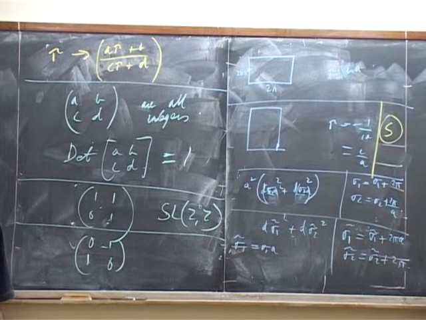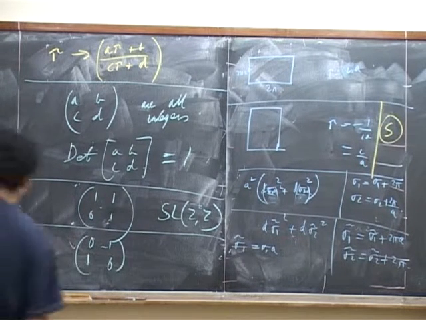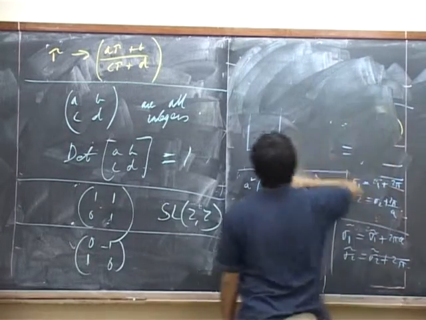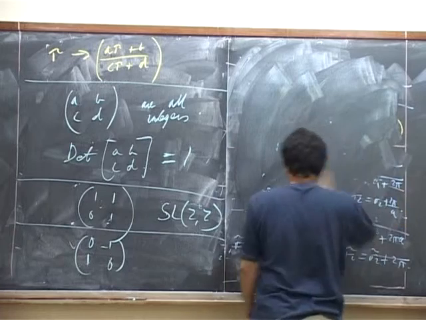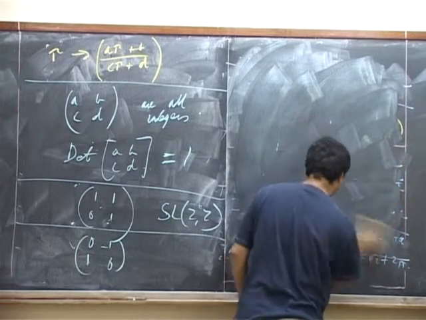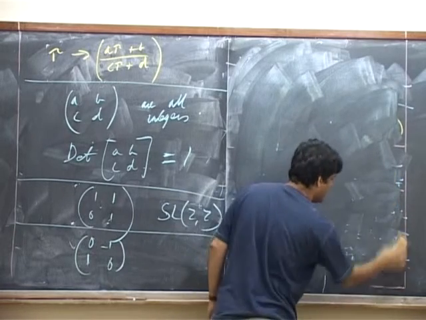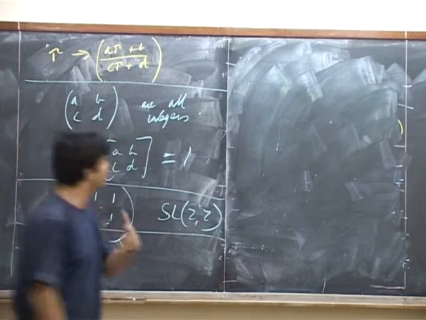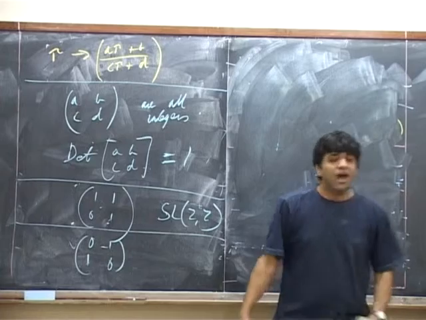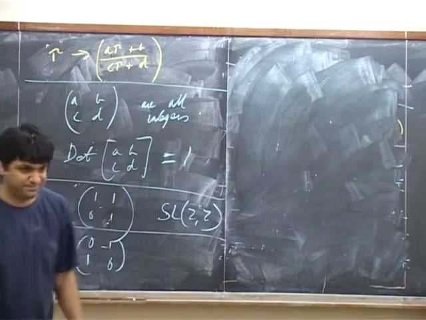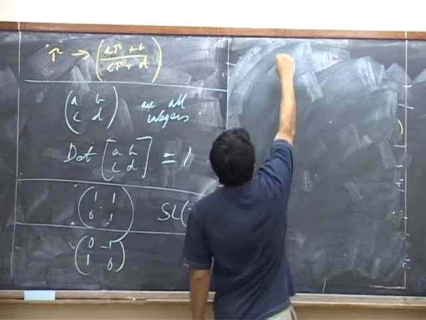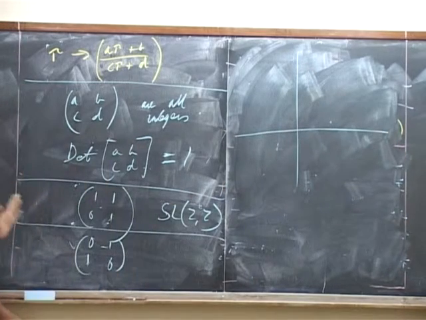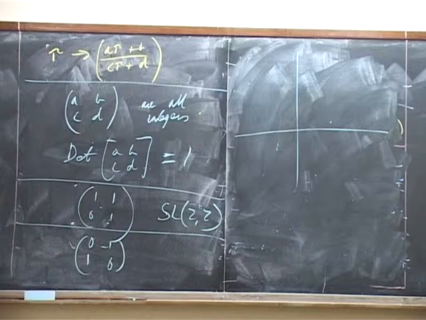Is this clear? Now let's try to draw a picture of the set of inequivalent taus. Let's draw the tau plane. We know that tau goes to tau plus 1 is an identification.